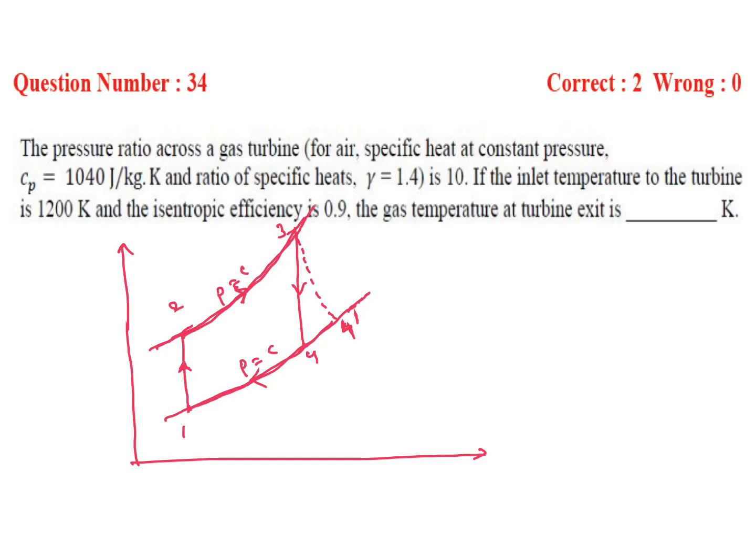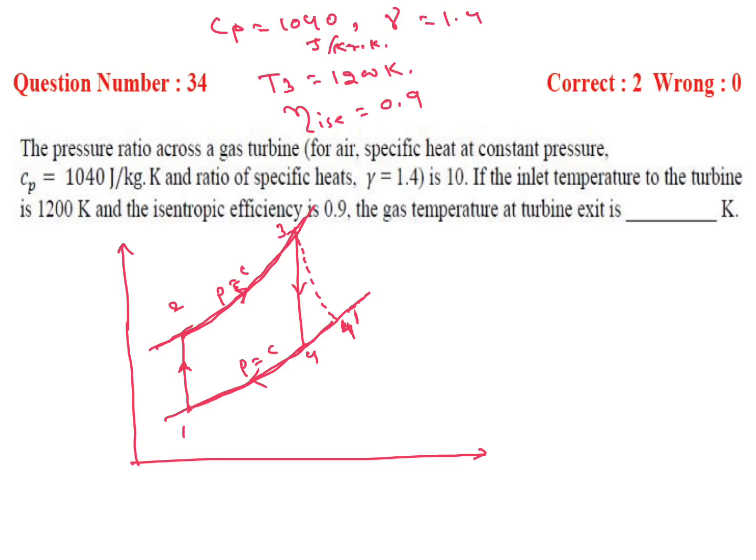So the data given are Cp equal to 1040, gamma equal to 1.4, its unit is joule per kg Kelvin, inlet temperature T3 is 1200 Kelvin and isentropic efficiency is 0.9.